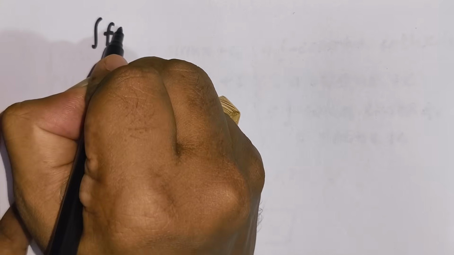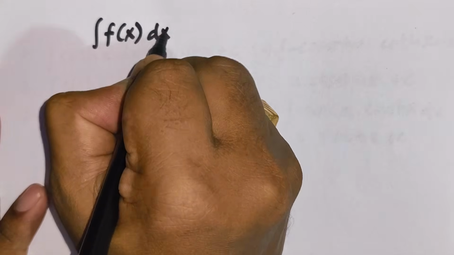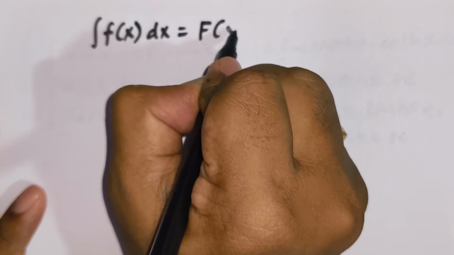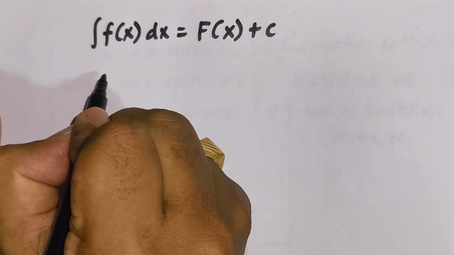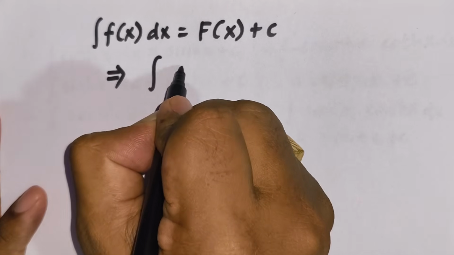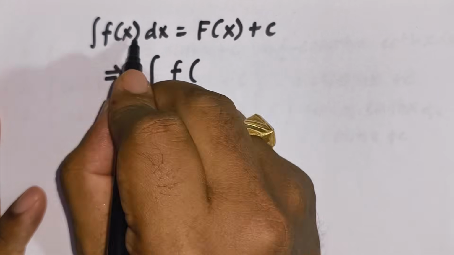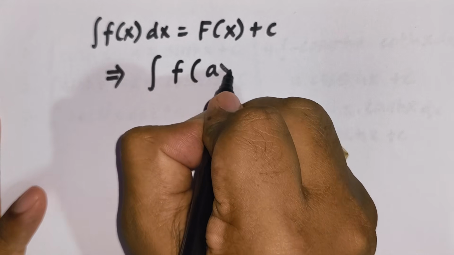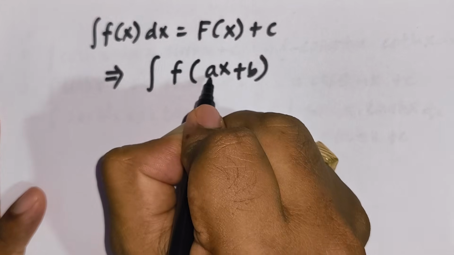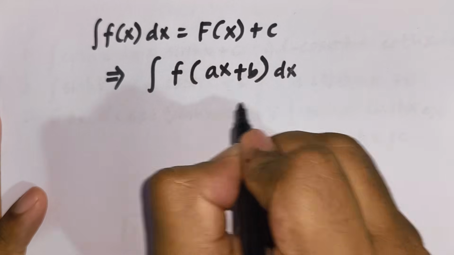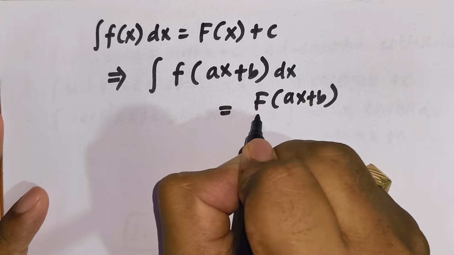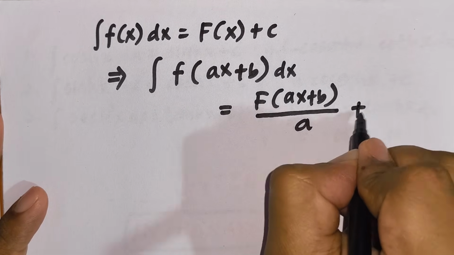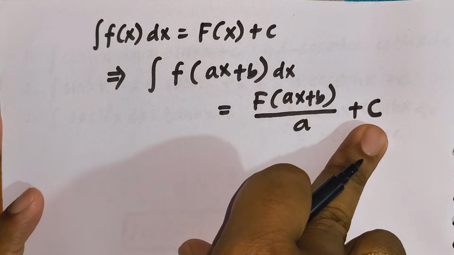First we know in integration, if the integration of small f(x) dx is capital F(x) plus arbitrary constant c, then in place of x, if we have some ax plus b, a linear function, where a, b are real numbers, this integration is capital F of (ax plus b) divided by a, plus an arbitrary constant.